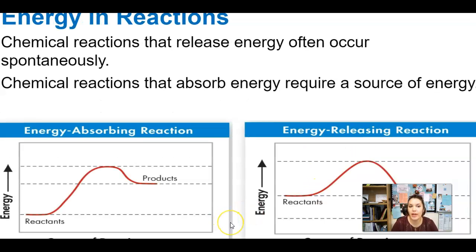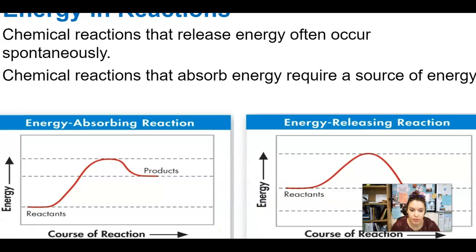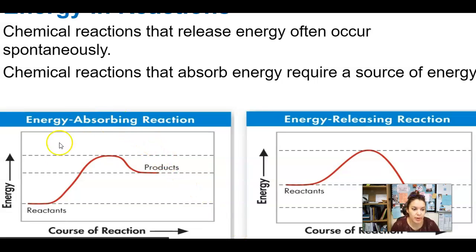Energy. Chemical reactions that release energy often occur spontaneously. Reactions that absorb energy require a source of energy. All right, so this is showing you your energy absorbing reactions here. All right, and then your energy releasing. A significant spike up here.